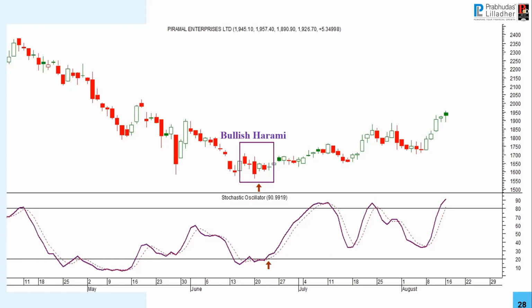You will not need anybody's opinion, or what is happening in Russia, what is happening elsewhere in the world. You will just not need anything. It is only your chart study, your candlestick study, your moving average study, your stochastic study, which will guide you to take your healthy, positive trades.